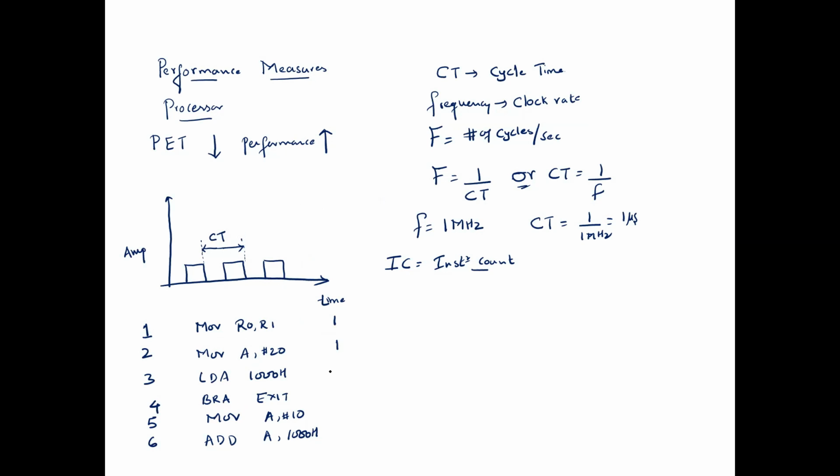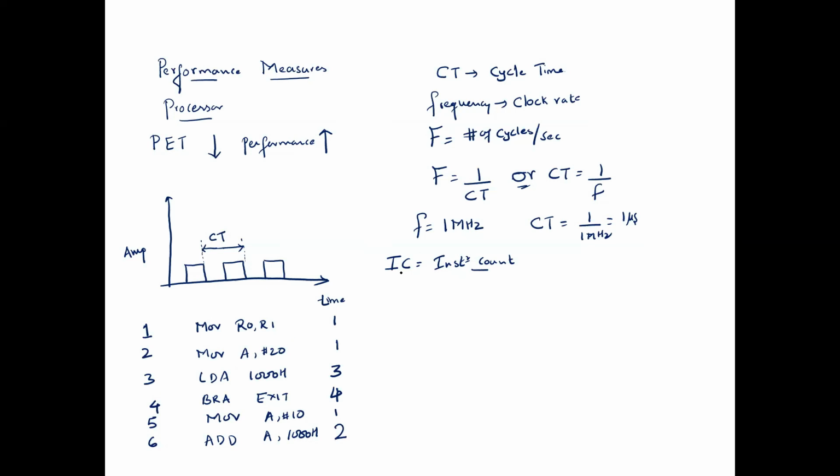Load instruction, since there is a direct memory location addressing mode, I will give something like 3. This is just for an example. And branch instruction, I will give it 4, right? And something like move, again I will give 1, and for the sixth instruction I will give 2.